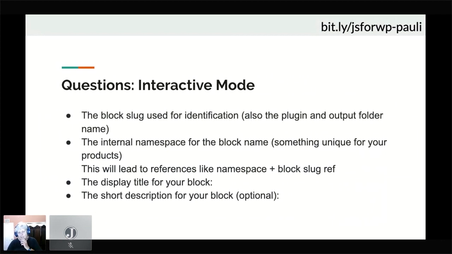And then the next question is the internal namespace. That can be your brand or your products, series of products. And then the namespace plus the block slug will be referenced multiple times. Of course, the display title would be helpful for people who use it, and the short description as well. So these are the first questions.